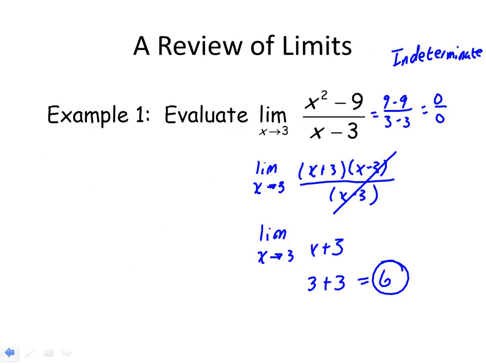Let's try it. So we got an indeterminate, so if we take the derivative, we're going to have the limit as x approaches 3. The derivative of the top is going to be 2x. The derivative of the bottom is going to be 1. So 2 times 3. So yes, ma'am, you could just plug it in, and if that doesn't work, just go straight to the rule.